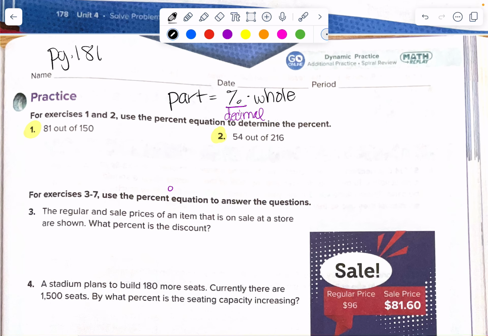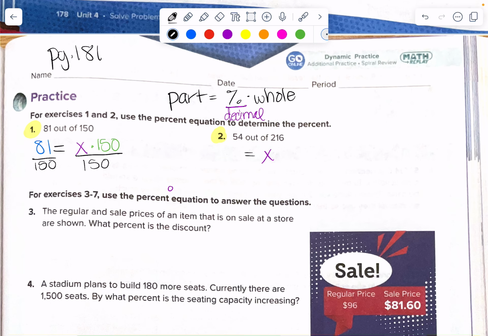So we know we're going to be solving for the percent on both of these. I don't know the percent, so something, and then I need to figure out what's the part and what's the whole. So 81 out of 115, 81 is my part, 150 is the whole there. And so 81 is equal to something times 150. Well, I can figure that out by dividing 81 by 150.